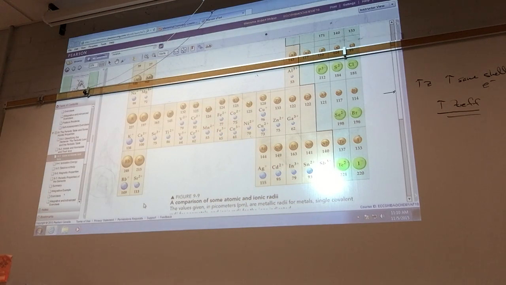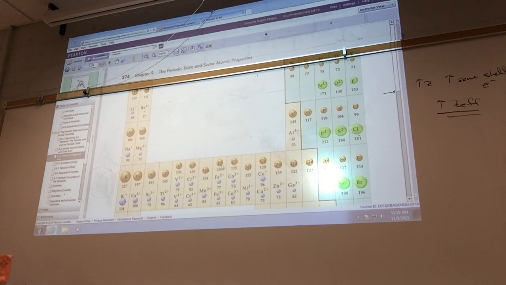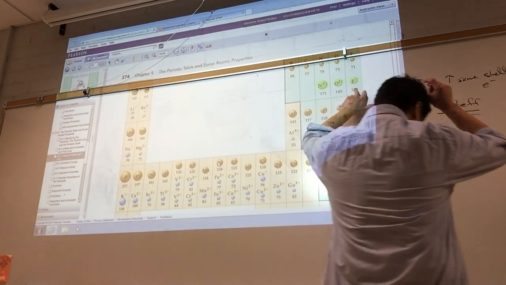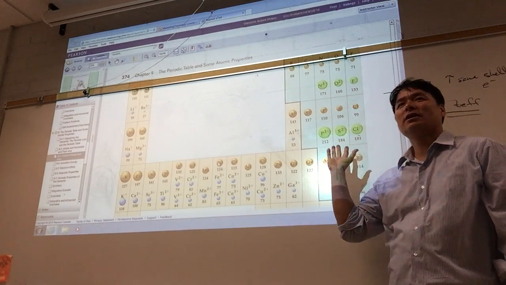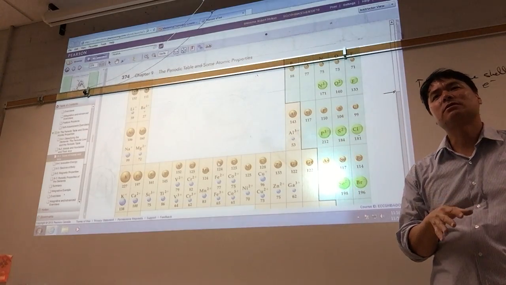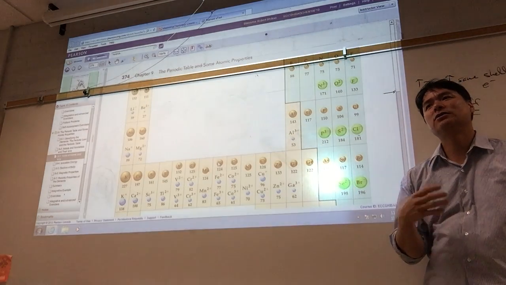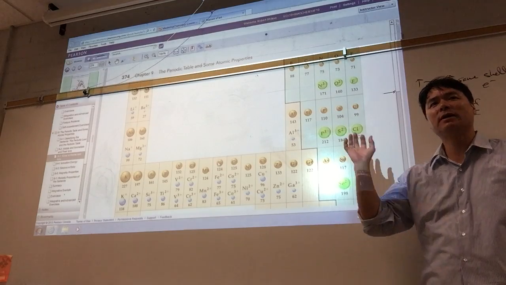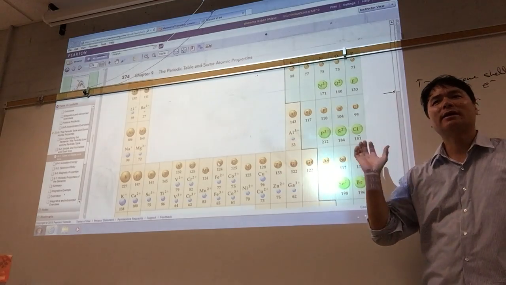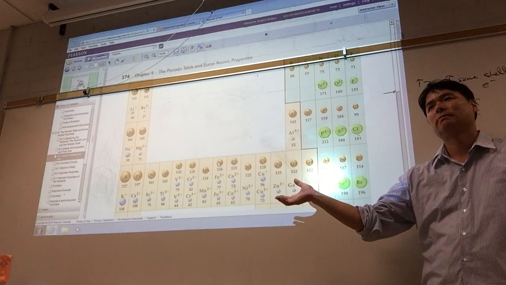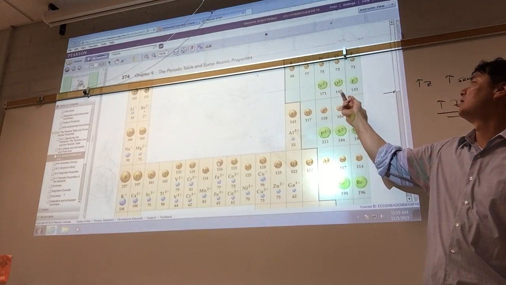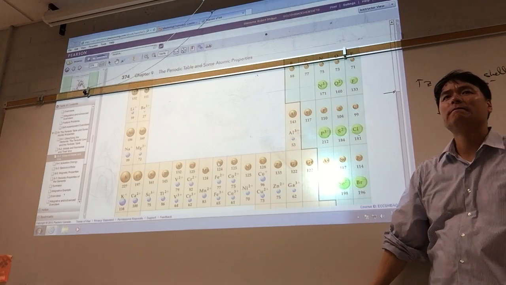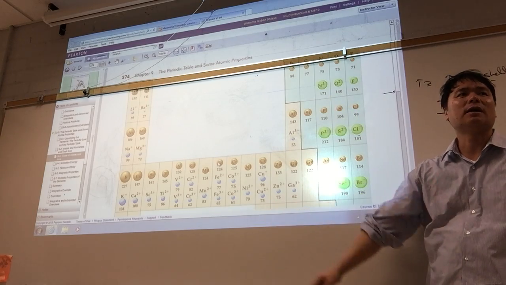And then let's look for the smallest anion. The smallest anion is 133. And so this is not perfect, but we can come up with a generalization with a few exceptions. The generalization, this wouldn't be a law, is that anions are bigger than cations. Because of this. With a few exceptions, fluoride, oxide, or the cations down there.